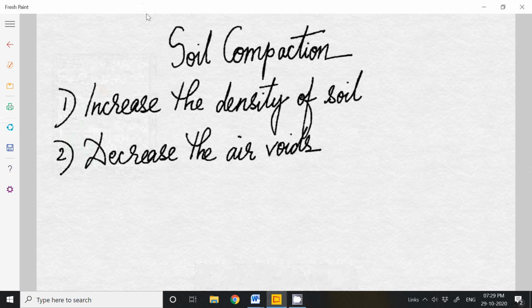So these are the two basic purposes of soil compaction, two basic effects we get from soil compaction: increase in the density of soil and decrease in the air voids. Okay, now the compaction is measured in terms of dry unit weight.